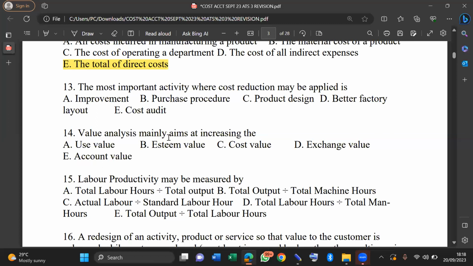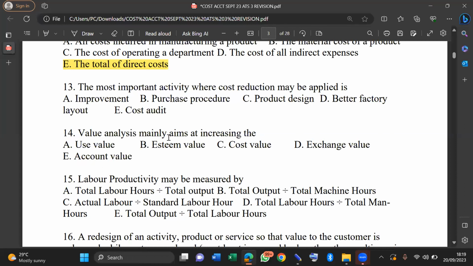The question is the most important activities, which of the activities is really important where we can actually try to reduce our cost? That's why they say where cost reduction is. Improvement means when you are improving a product or a service, in that you can never negotiate reduction.